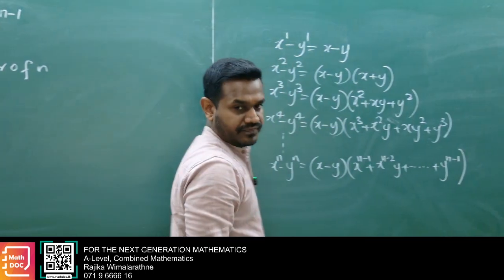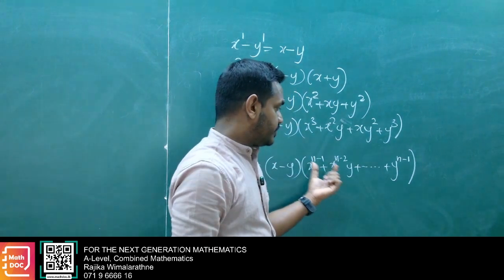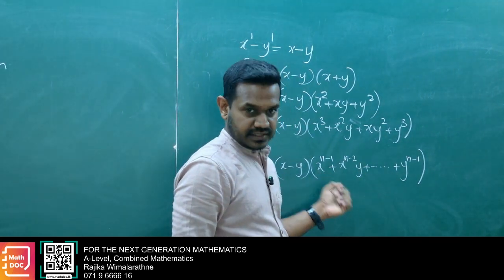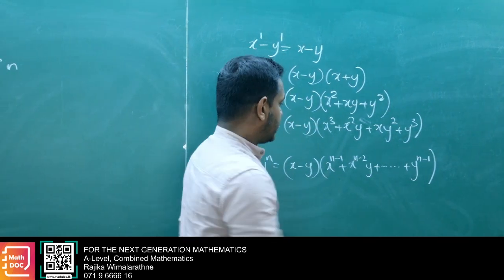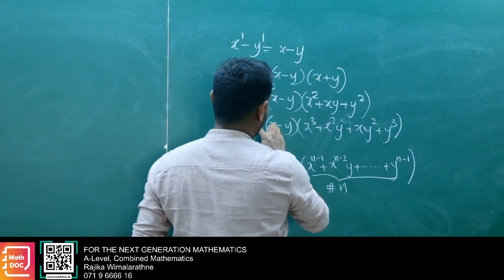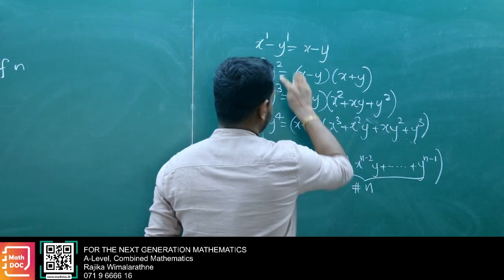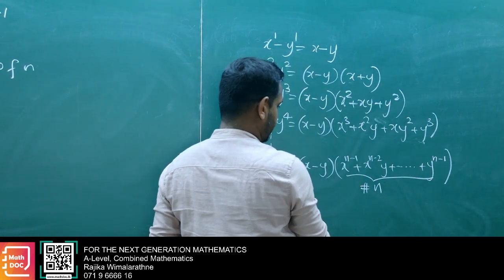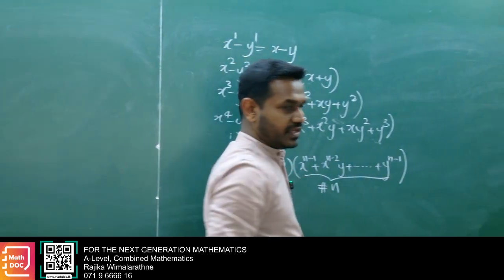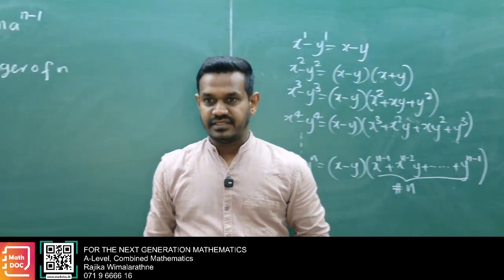That's the pattern. The x power decreases, the y power increases, and all terms inside the bracket are positive. For 4, number of terms 4. For 3, number of terms 3. For 2, number of terms 2. Then for n, number of terms n, no? According to that, we can factorize.